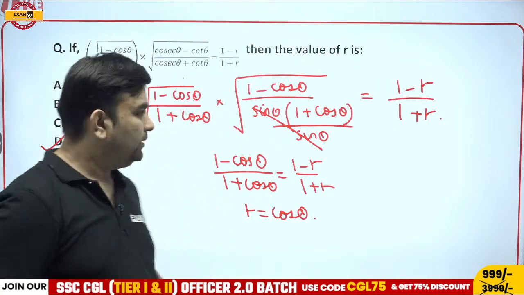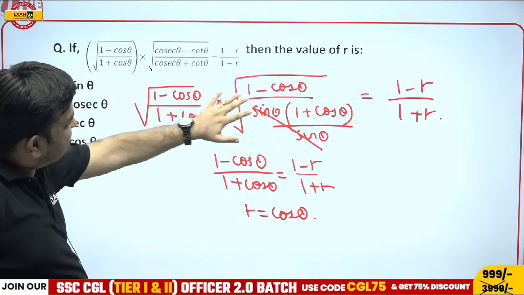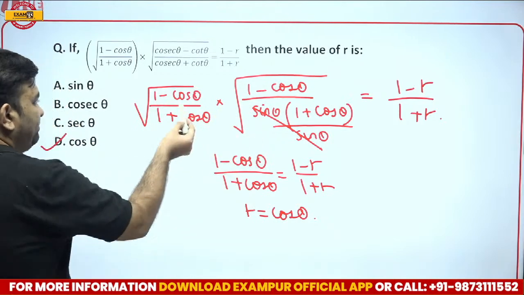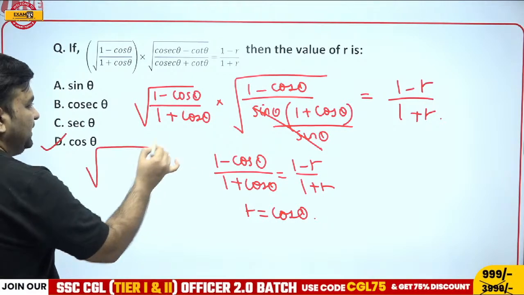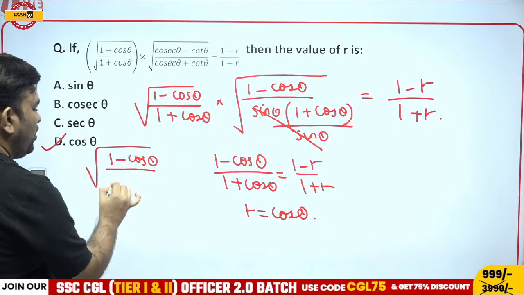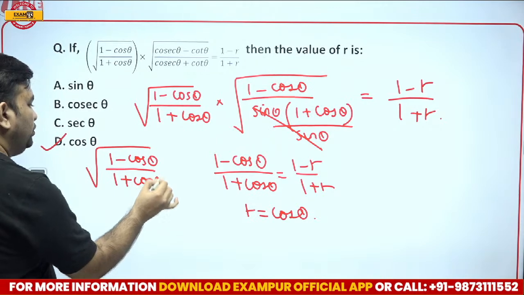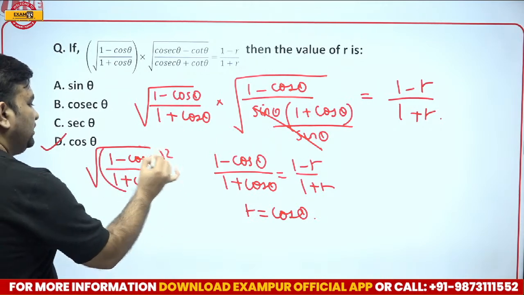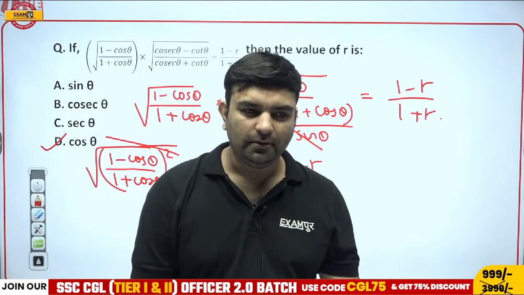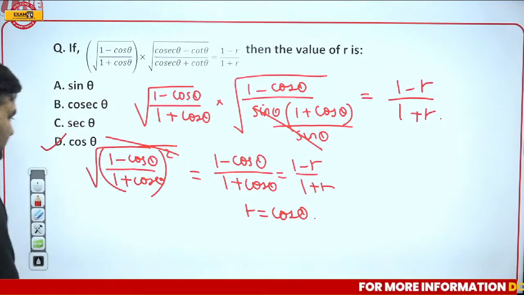Perfect. You will simplify this and it will become again 1 minus cos theta upon 1 plus cos theta. Same thing, guys. The square will cancel out the root. Problem over. Let's move on.